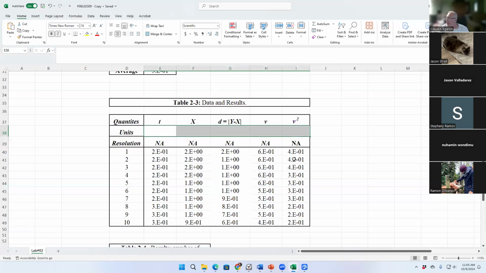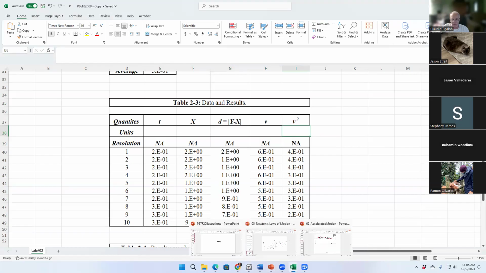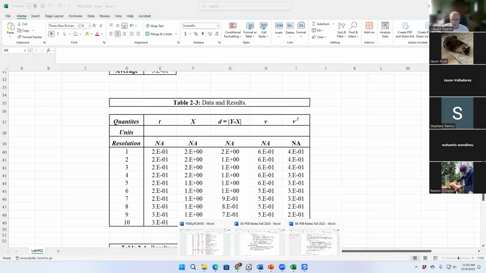And what are we going to do with the square of the velocities? Do we have any questions so far? It's 11:05. I think we should take a break right now. I want you to think about what we are going to do with the velocity square. Recall that there is a formula that involves the velocity square of an accelerated object. But we'll talk more about that in 15 minutes. Any questions before we go for the break?